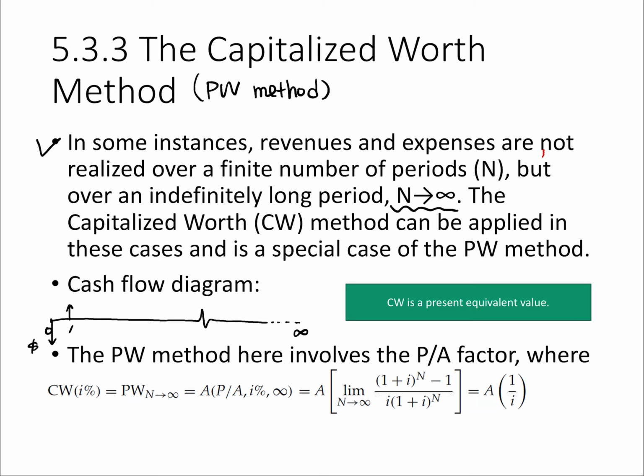So every year you're going to have some revenues, and of course you have costs to maintain that bridge, but the net benefit is some cash flow income. The arrows are annuities, telling you that every year your bridge is benefiting the community by a specific amount of dollars, and it happens every year.